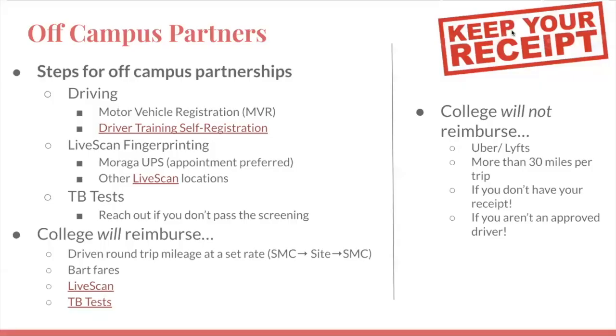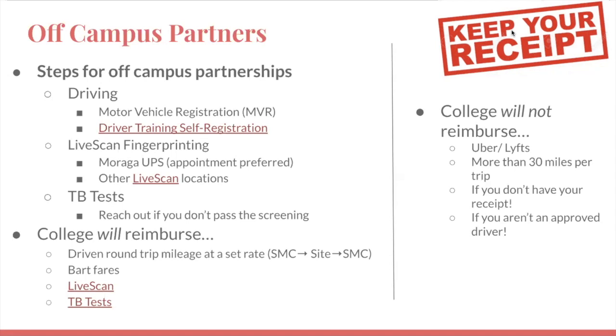Off-campus partnerships have some additional steps that you're required to do before engaging in your service. And so that's what I'm covering in this slide. First of all, if you're going to want to drive your own vehicle to and from your service site, you're going to need to complete an MVR and a driver training self-registration.